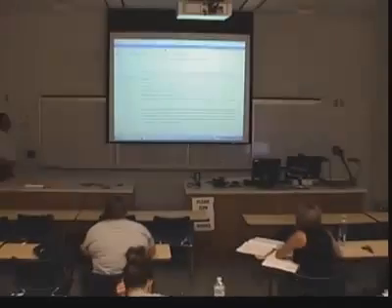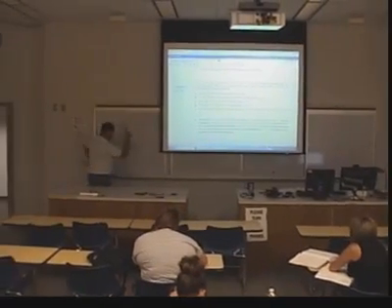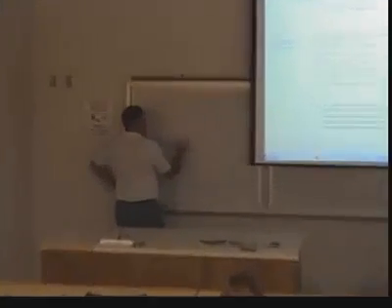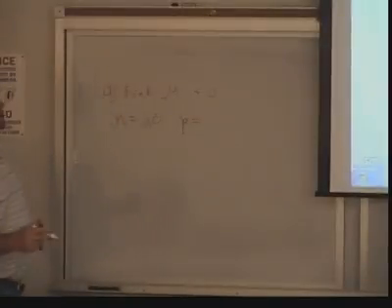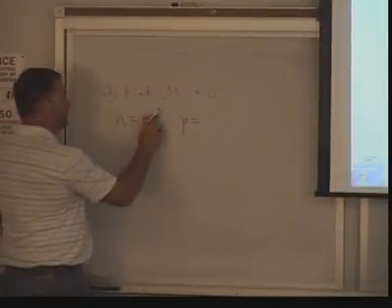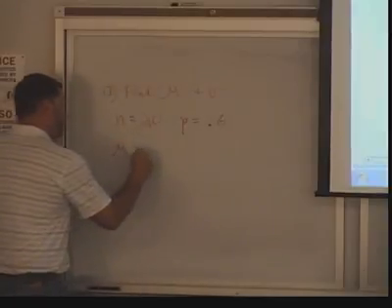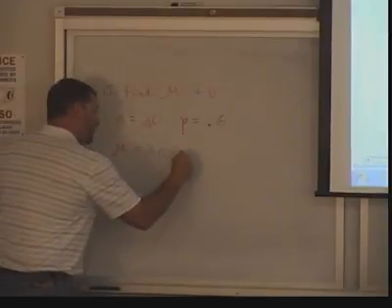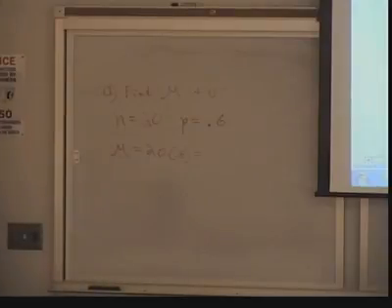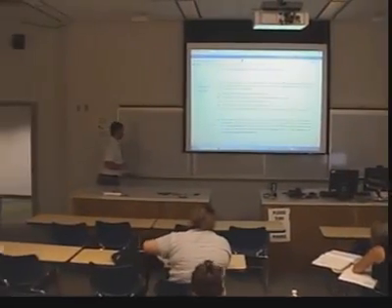So how many trials are we conducting? 20. We're asking 20 people. What's the probability that they will have success or favor the mayor? 0.6. So mu is simply equal to 20 times 0.6, which is 12. Right?